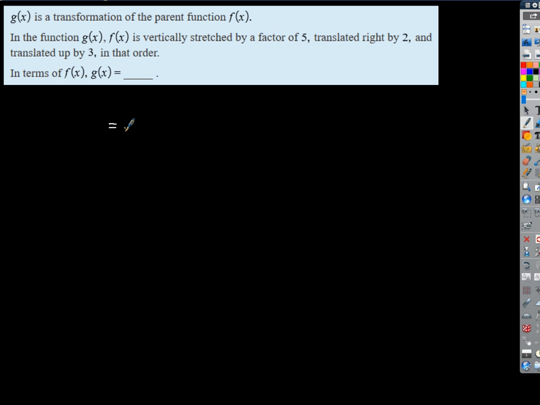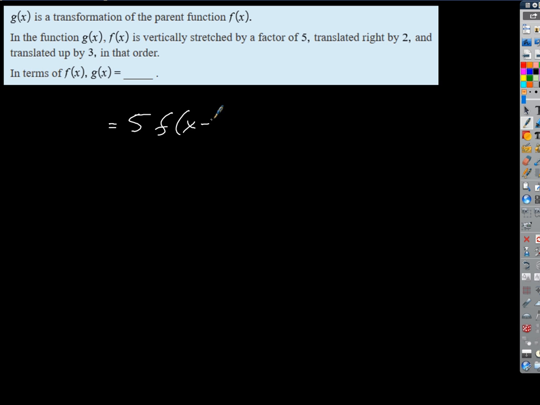So Zach, what's that going to do? So if we start off with plain old f of x and we're going to do this stuff to it in this order, what does vertically stretching by a factor of 5 do? Multiplies it. Okay, so we're going to get a 5 out front. And then Trent, what's translating right by 2 going to do to the function? Subtract 2.